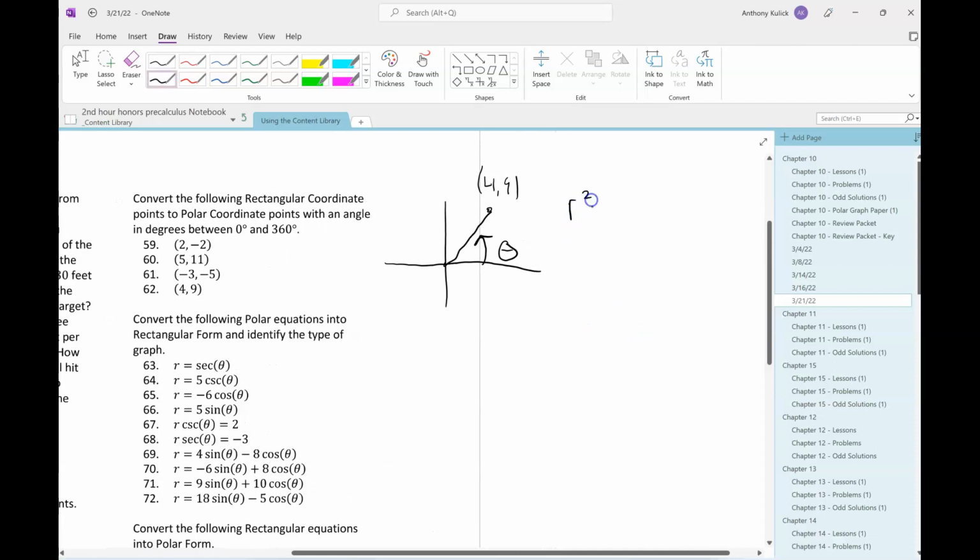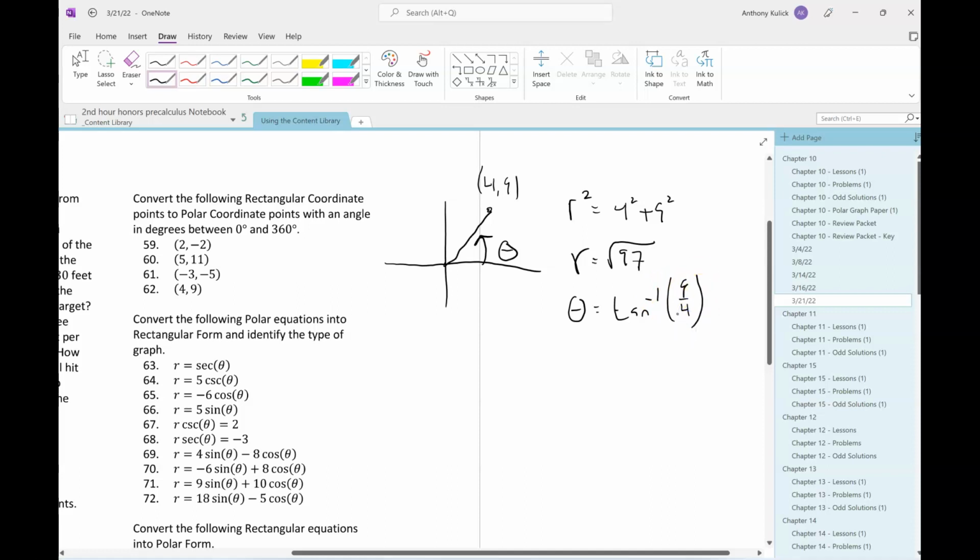So I know that r squared is going to be x squared plus y squared. So r is going to be 16 plus 81, which is 97. And theta is just going to be the tan inverse of y over x.